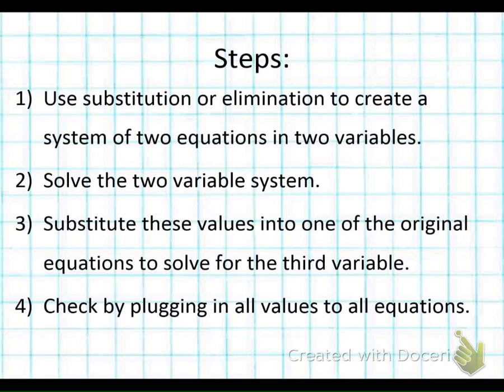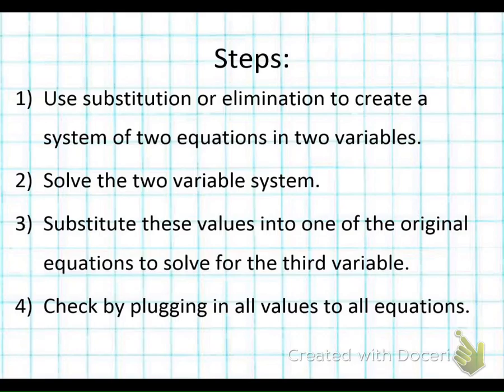These are the steps if you weren't in class to write them down. So the first thing you're going to do is use substitution or elimination to create a system of two equations and two variables. So we're going from three equations. We need to somehow combine them so that we can narrow it down to two equations with two variables. So we're going to eliminate the same variable from the three equations.